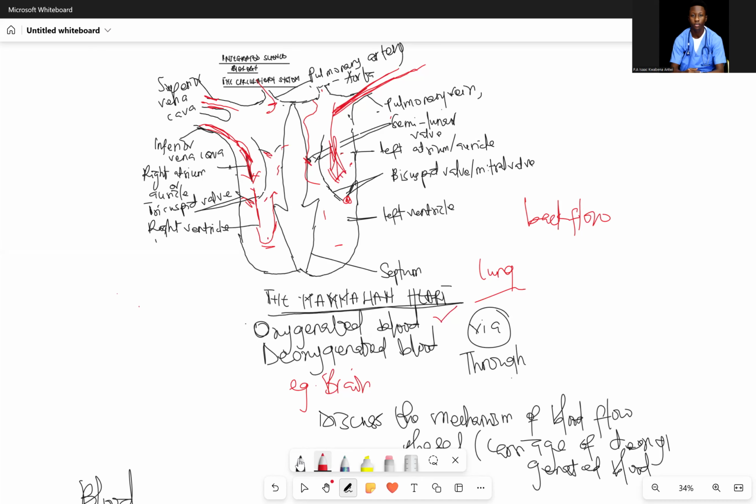That means there could be a mixture of the blood from the left side of the heart and the right side of the heart. In the left side, the blood that normally flows is oxygenated, and in the right side is deoxygenated blood. So if there is a hole, there will be a mixing here and there, right?